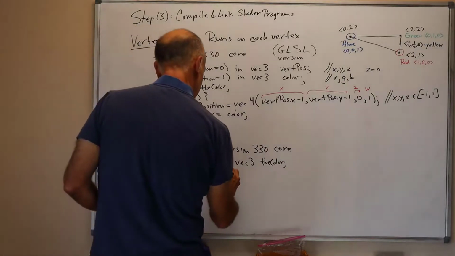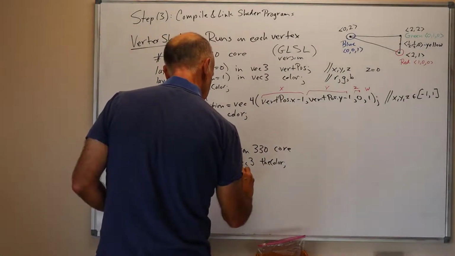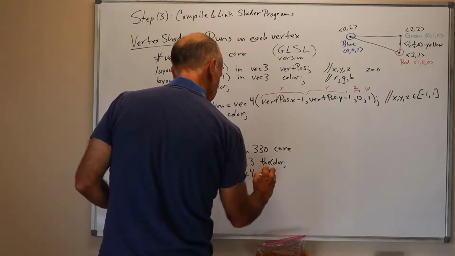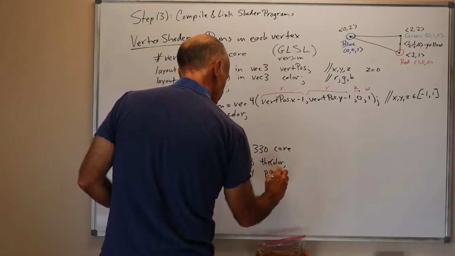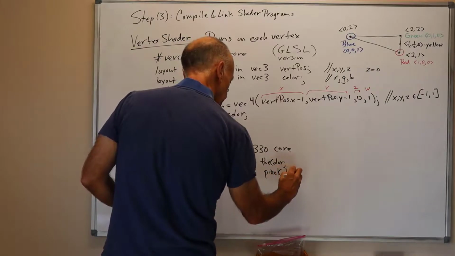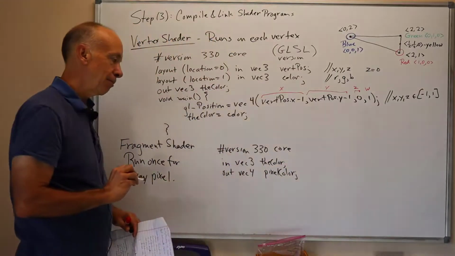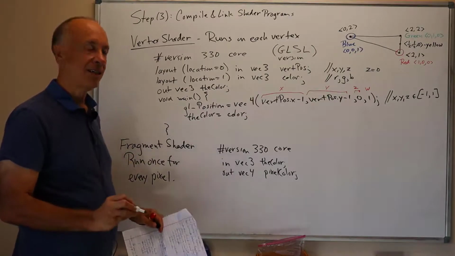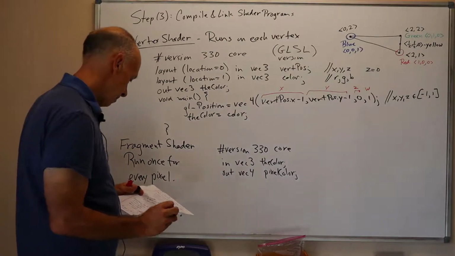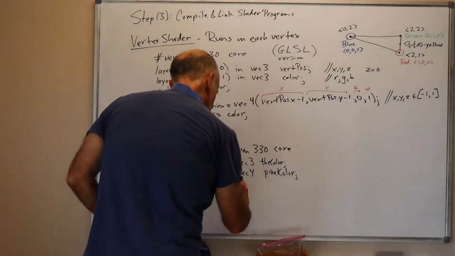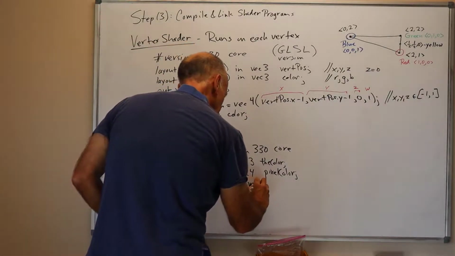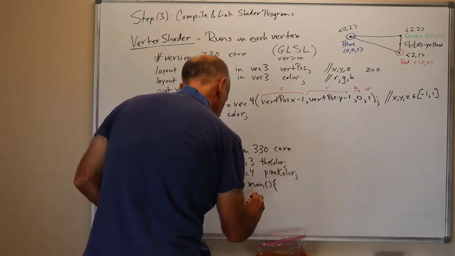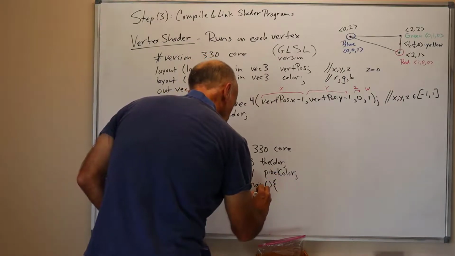The next line declares the output variable, out vec4. The output has to always be a vec4 object, and I'll just call it pixel color. So this output value will be the color of the pixel that corresponds to this instantiation of the fragment shader. And then we have void main, and we'll set the pixel color, which has to be a vec4.